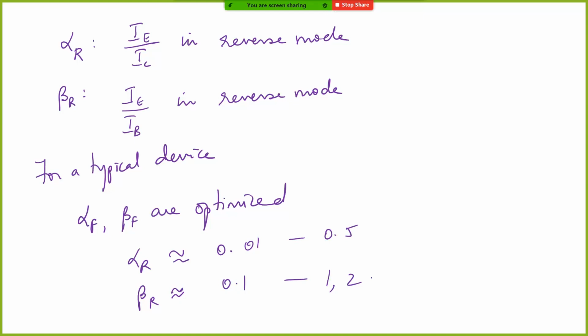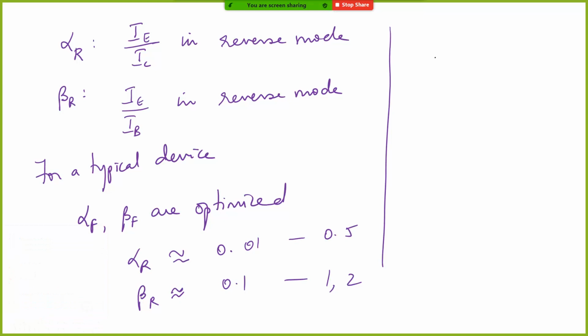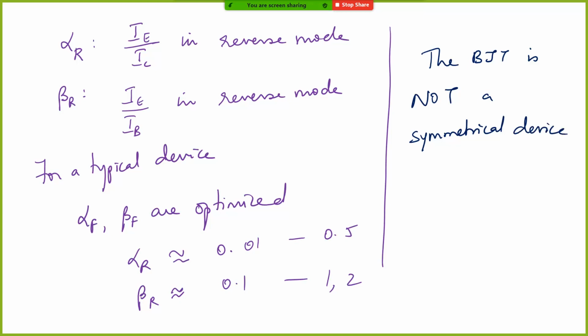In other words, we can write a summary statement: the BJT is not a symmetrical device. Is this clear? That is, collector and emitter cannot be interchanged. You will see when we talk about the MOSFET that it is a symmetrical device.